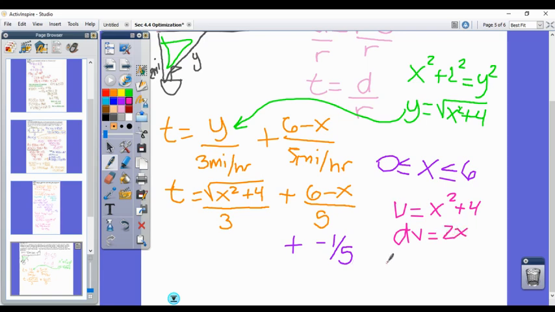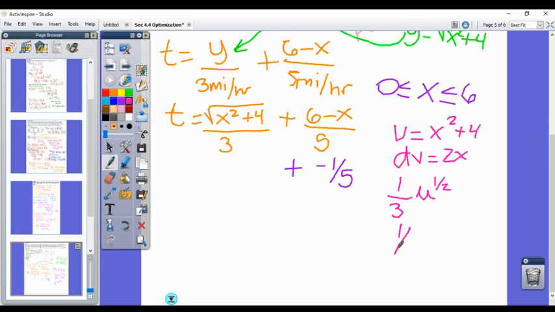We have 1/3 u to the 1/2 is my original. So I'm going to multiply my 1/2 by my 1/3, and that's going to give me 1/6 u to the negative 1/2. And I need to multiply that by my du of 2x.